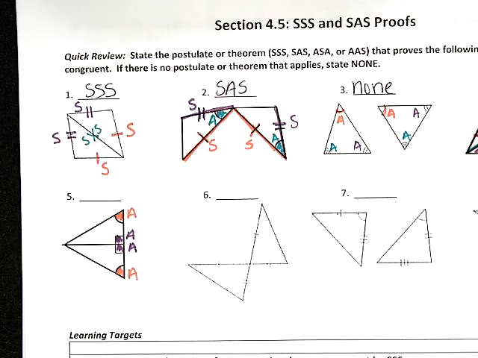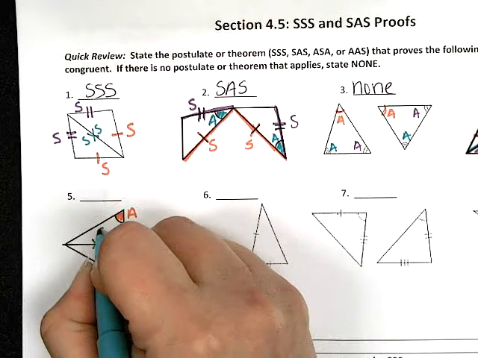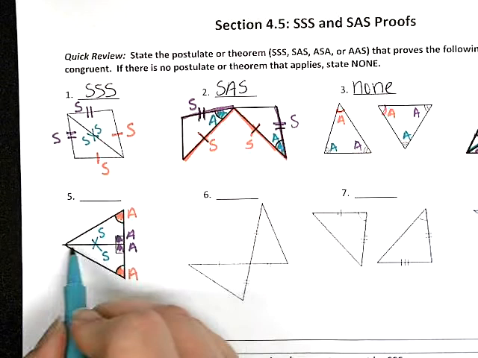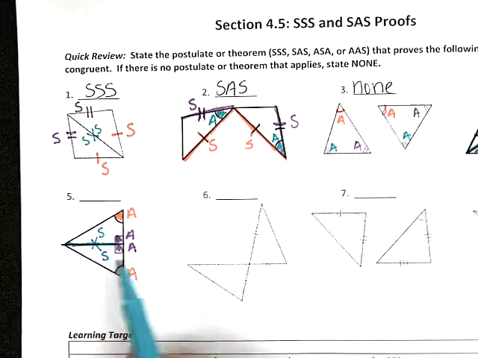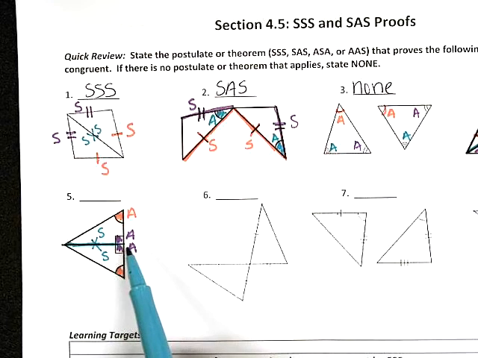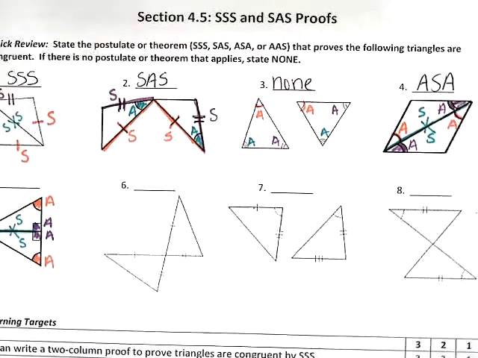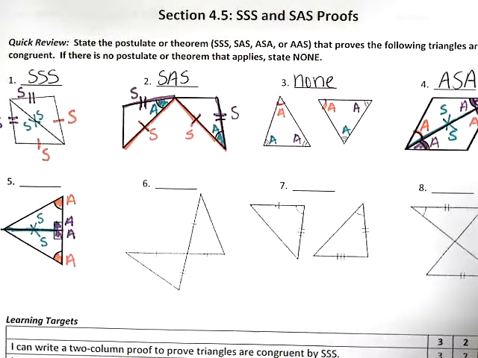And then, man, again, that reflexive property. So we have a side that's congruent. But now check out that side. That blue side is not in between my purple and orange angles like it was in number 4, right? Take a look at that difference. Here, blue side is in between my 2 congruent angles.